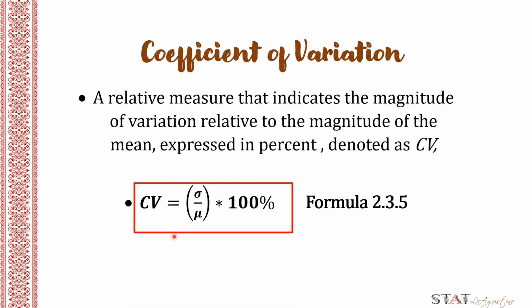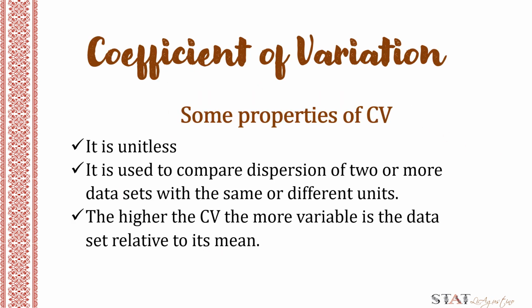So remember this, coefficient of variation. So instead of saying coefficient of variation, to shorten it, I will just say CV. Okay, so some properties of CV, it is unitless as well, and it is used to compare dispersion of two or more datasets with the same or different units.